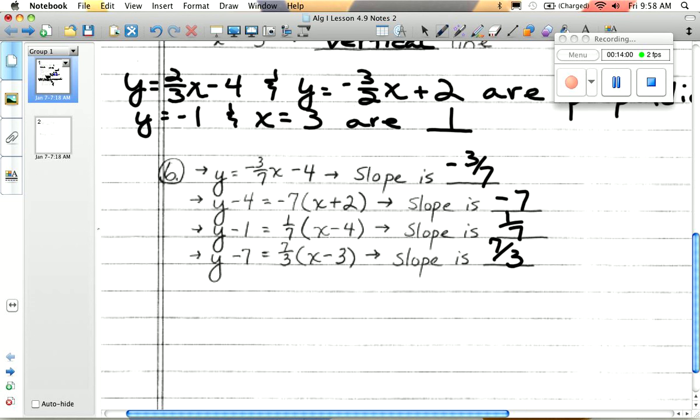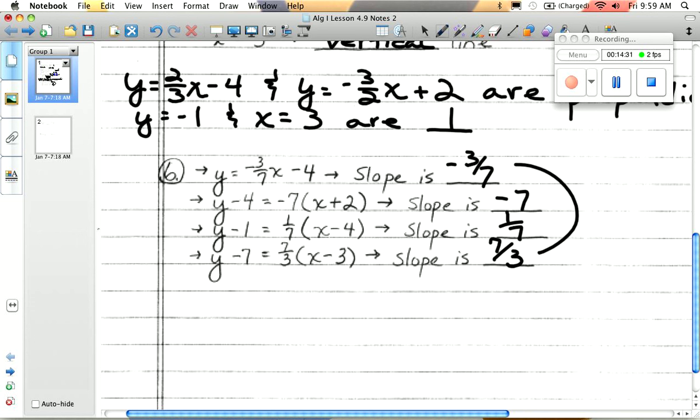Okay, well, -3/7. Do you think there's any possible other slopes that might be the opposite reciprocal of that? Which one? -3/7. What's its reciprocal, first of all? -7/3. And what's the opposite of -7/3? Positive 7/3.